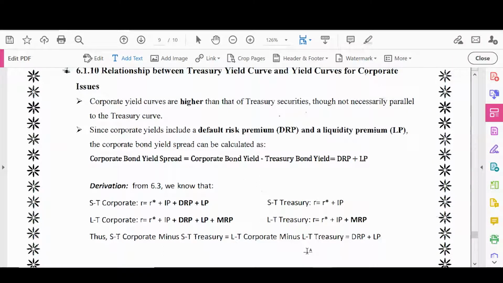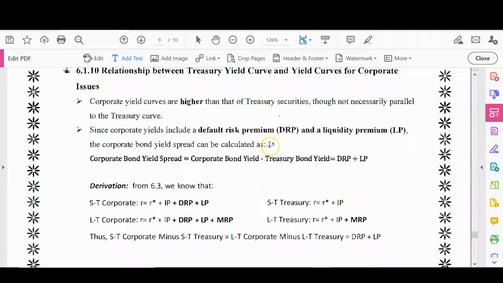All right, let's discuss another concept here, which is the relation between the treasury yield curve and yield curves for corporate issues. Typically, corporate yield curves are higher than that of treasury securities, though not necessarily parallel to the treasury curve, since corporate yields include a DRP, default risk premium, and an LP, liquidity premium.